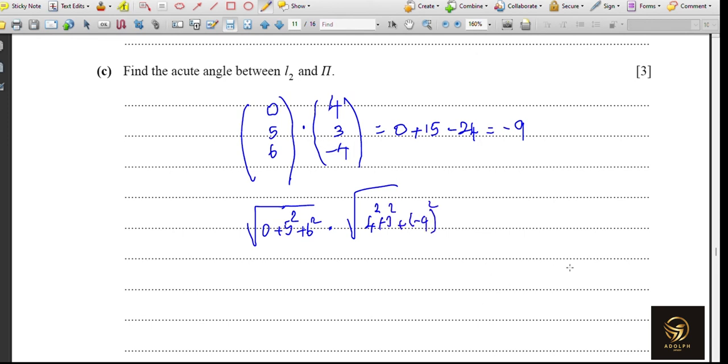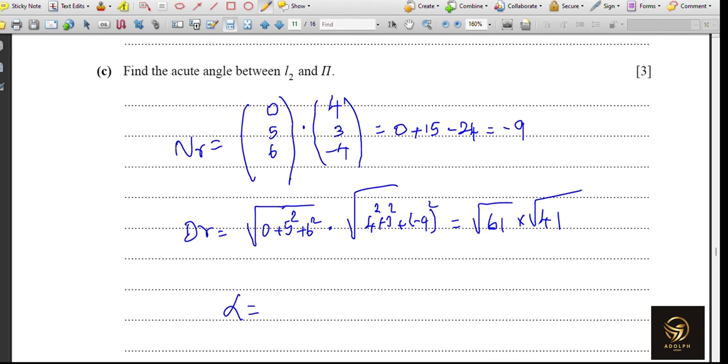So let's see what we get for the denominator; this is the denominator value and that is the numerator value. Here I'm getting root of 25 plus 36, which is 61, multiplied by root of 41.